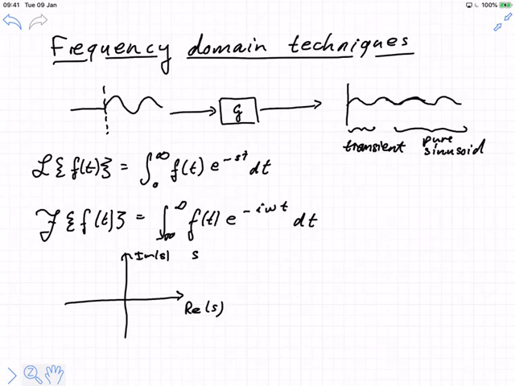So G of S is a function which takes a complex argument and returns a complex result. And the frequency domain effectively lives here. Right? So that positive real part of the Laplace domain, that's the section that we're taking to get to the Fourier transform, or to get into the frequency domain.